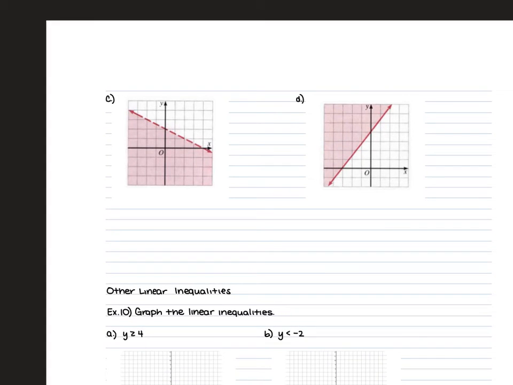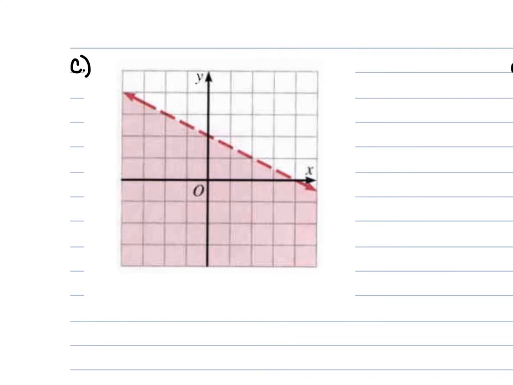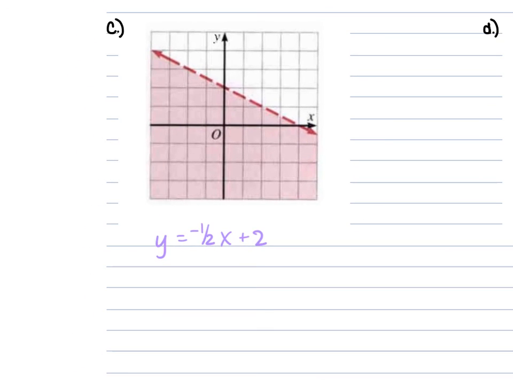For the next example, we have a dotted line and it's graphed. Now with this, we're going to have a y. Normally, if we have y is equal to, what's our y-intercept? It's 2, so it's going to be plus 2. What's our slope? It goes down 1 to the right 2, so that's negative 1/2 x. Normally, if it was just a straight line, no shading, this would be our slope-intercept form equation for it.